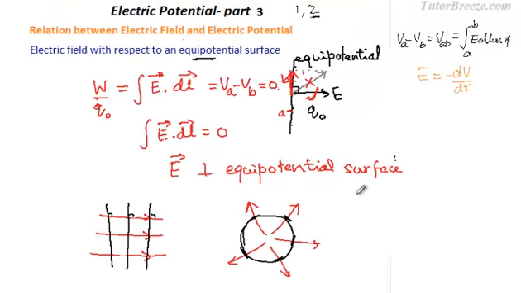Now let's just summarize what we've learned in the lesson today. One is that VA minus VB is equal to integral E dl cos phi from A to B. The electric field is in the direction of decreasing potential.